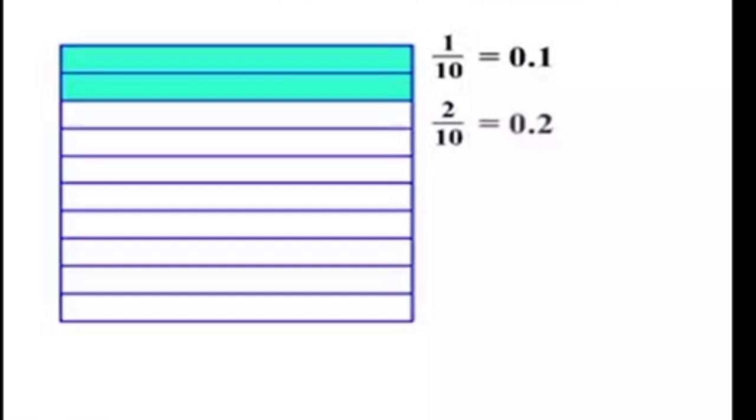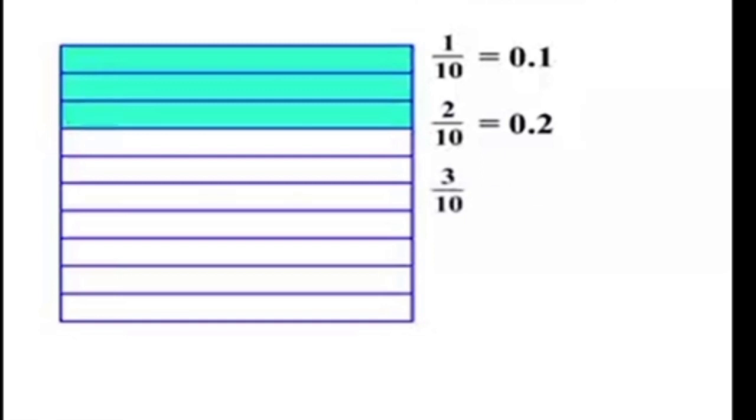See this box. You can consider this is a whole number. If we divide this whole number into 10 parts, what can I say? The first part, that is 1 by 10, we can convert into decimal fraction 0.1. For 2 parts, it is 2 by 10, in decimal fraction 0.2.